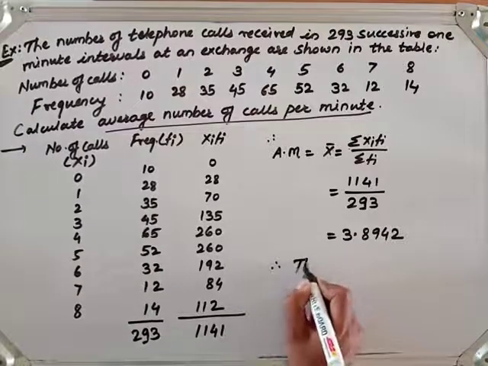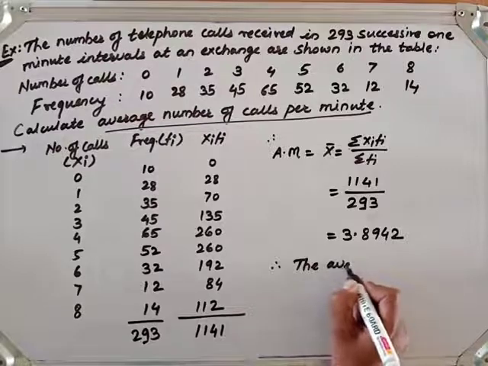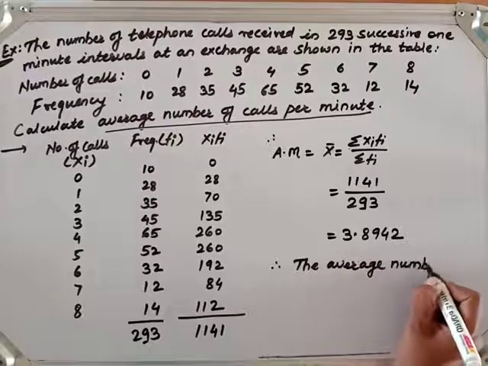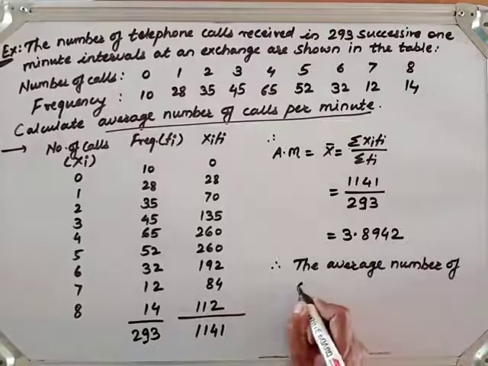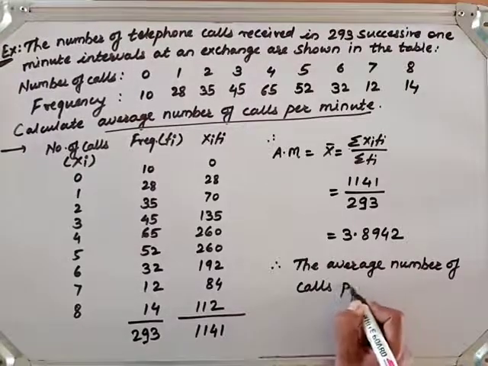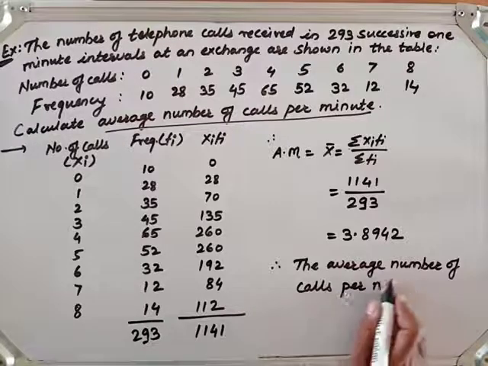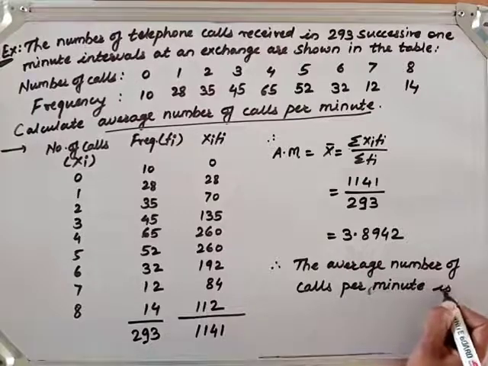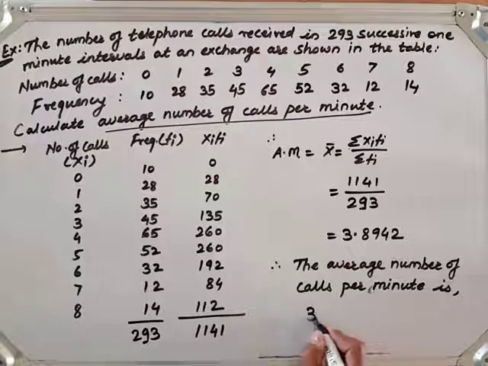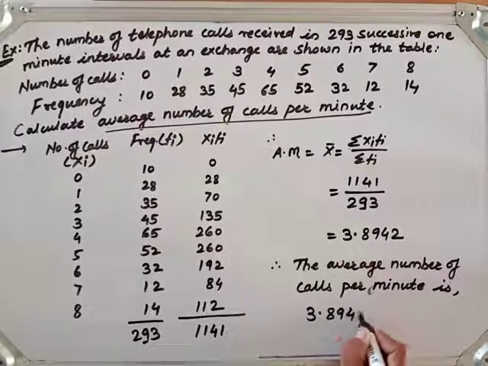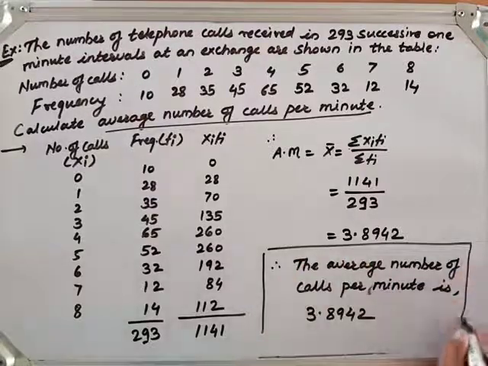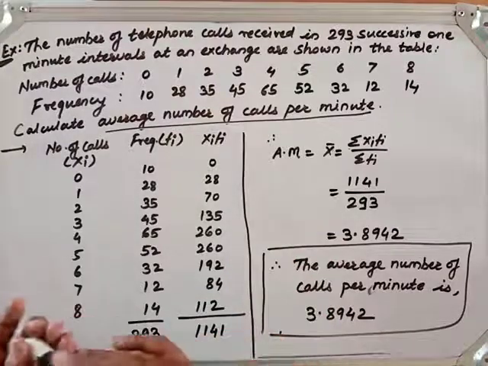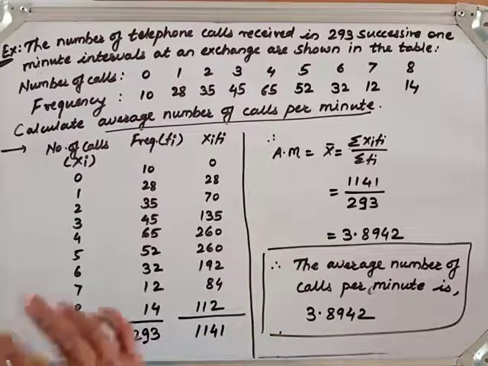Therefore I can say the average number of calls per minute is 3.8942. This is the answer to this question. Now let us take one more example on this.